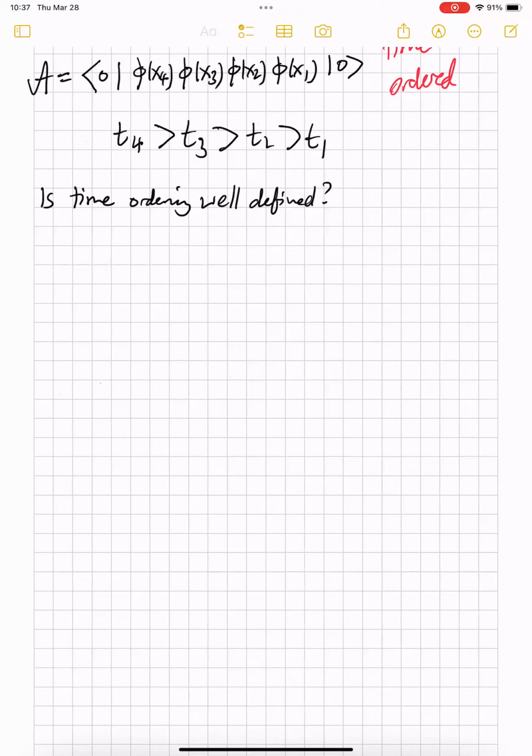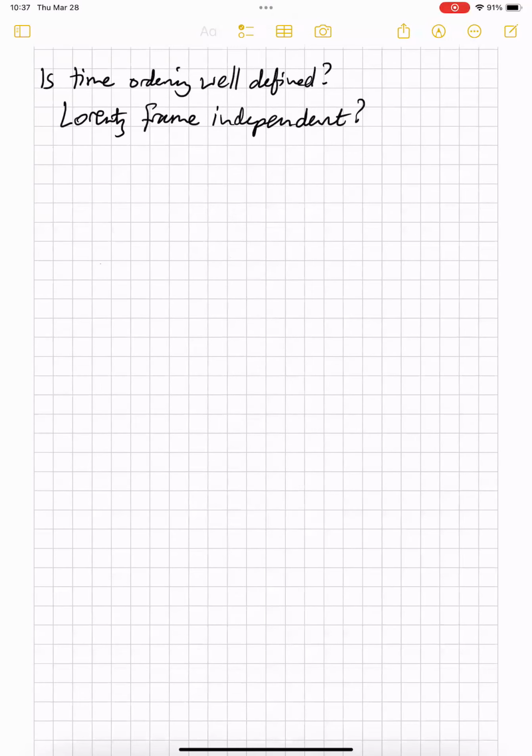So, we can time order things in one frame. Will we get the same answer in some other Lorentz frame? So when I'm asking, is time ordering well defined, I'm really asking if it is Lorentz frame independent. So do we get the same answer in any Lorentz frame? Okay, that's what we want to ask.